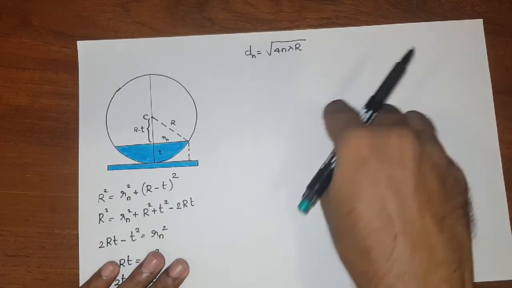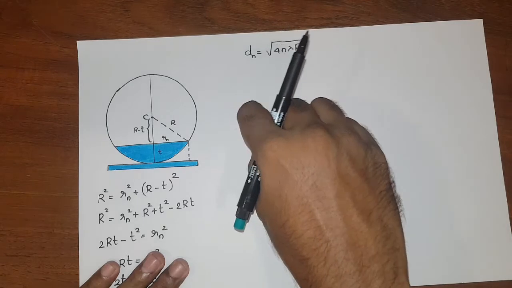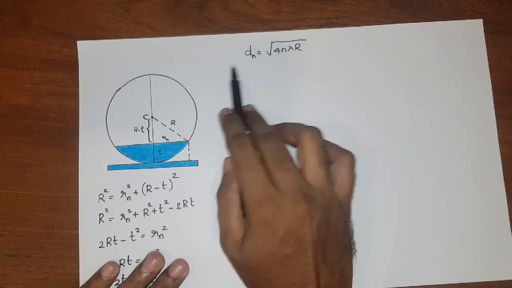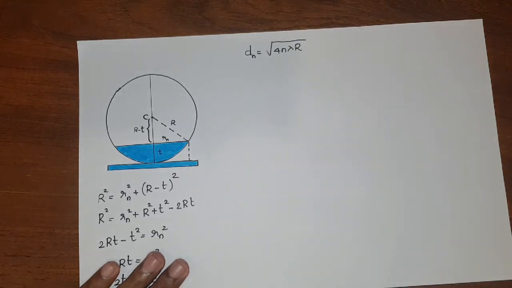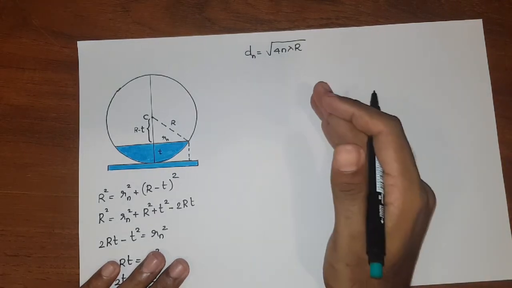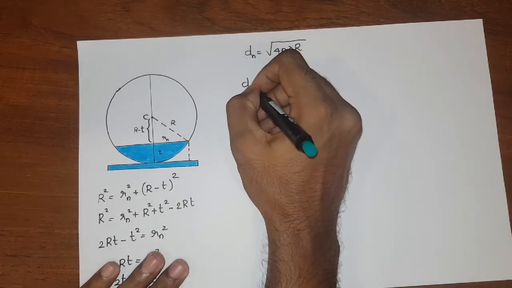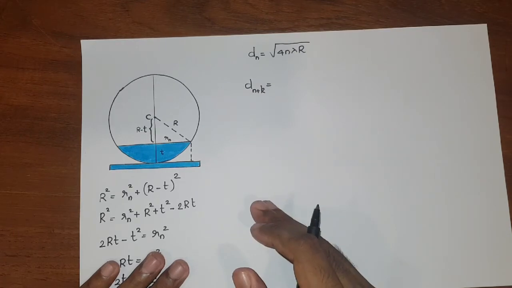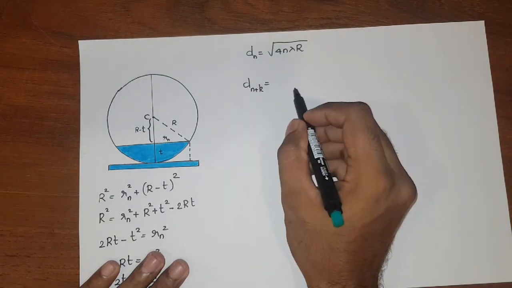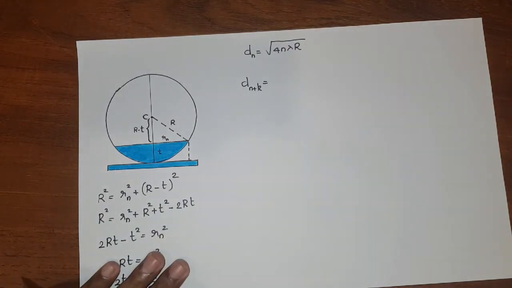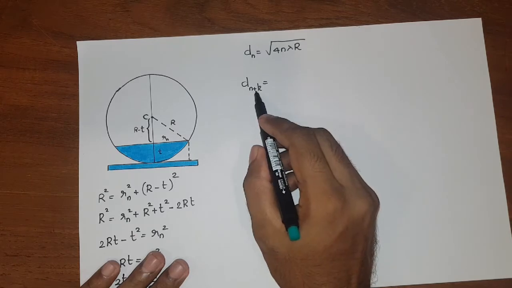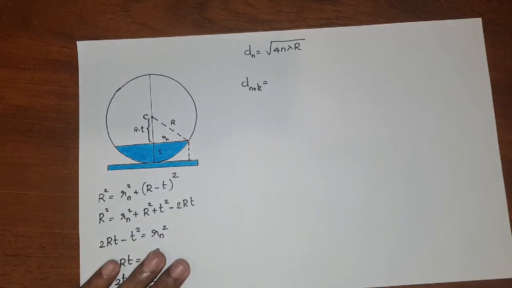So we see the pattern, we choose some ring to be the nth ring, and this is the diameter of the nth ring. This distance we will measure with the help of the travelling microscope. And after this, I will measure the diameter of another ring, which is k rings after the nth ring. That is why I denoted the diameter of the second ring as the diameter of the n plus kth ring, dn plus k.